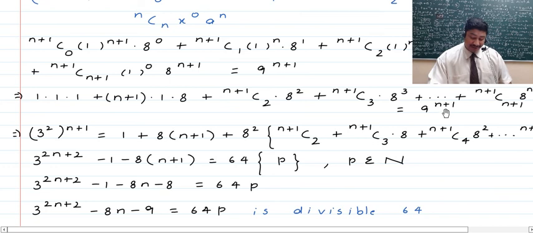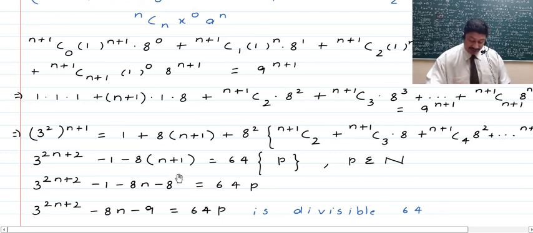And on the left hand side we had 9 raised to the power n plus 1, which can be written as 3 square. So now we have 3 raised to the power 2 whole raised to the power n plus 1, right? And further the first two terms subtracted, so we have minus 1 and minus 8 times (n plus 1).